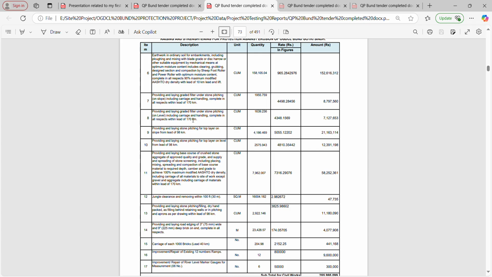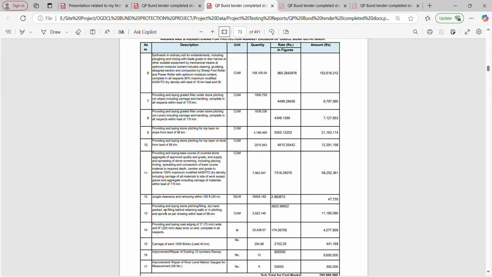All these items are related to the stone pitching, and the material under the stone pitching is the graded filter and sub base course material, and this is the base course material used on top of it.